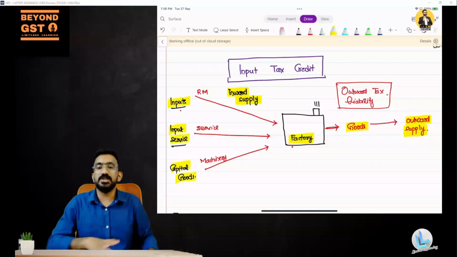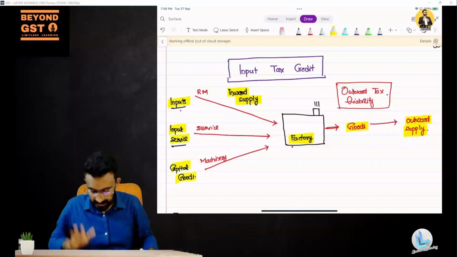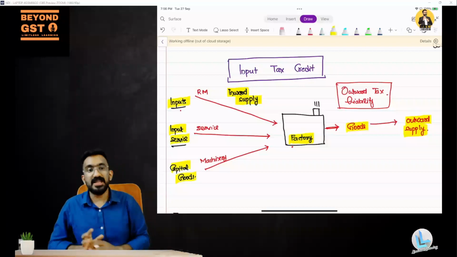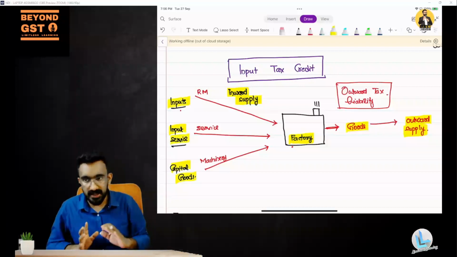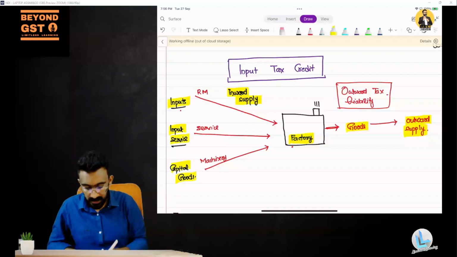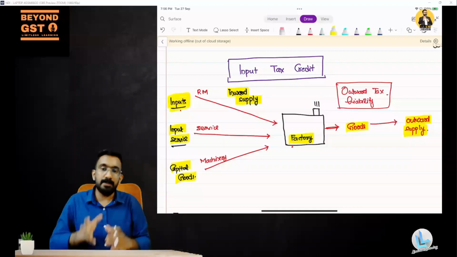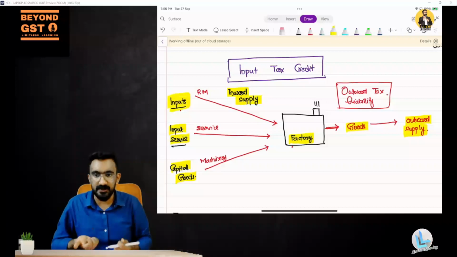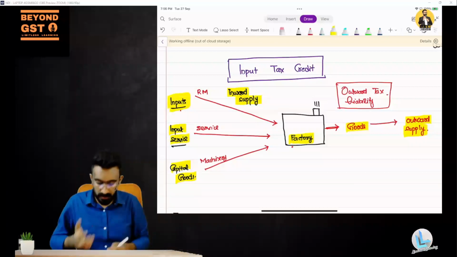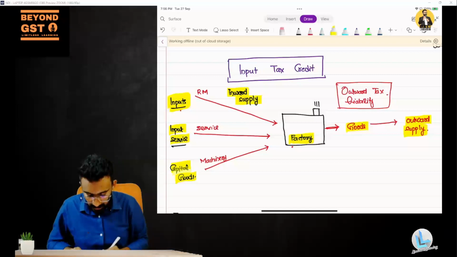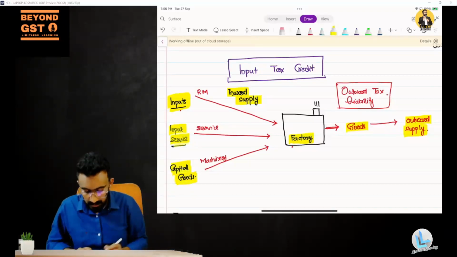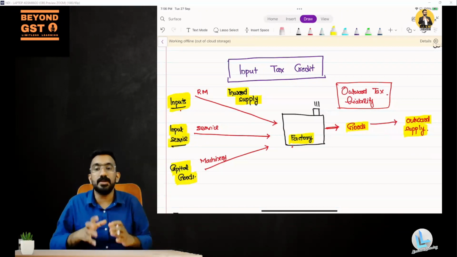All your raw material that is purchased and not capitalized, all the goods that are purchased and not capitalized, we call them inputs. If you capitalize something that you purchase, like a machinery, or a laptop for a service entity, we call that inward supply of capital goods. And any services you purchase, we call inward supply of input service.